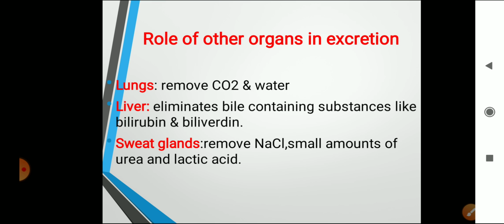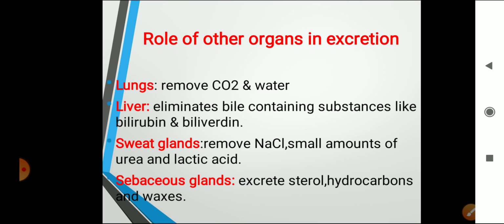Then the fourth one, sebaceous glands, also known as oil glands. They excrete sterols, hydrocarbons and waxes in the form of sebum. So these are the other organs which help in the process of excretion. This also you may get for a 2-mark question: Explain the role of other organs in excretion.